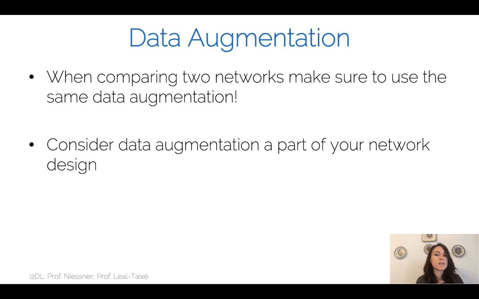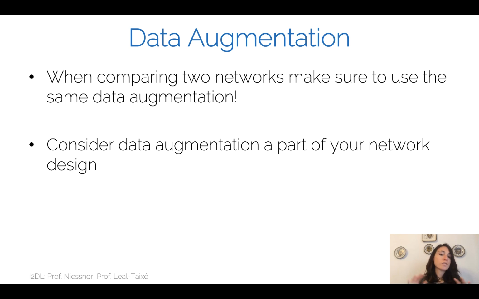And this means that your two networks are not going to receive the same data augmented images. So therefore, they're going to be trained essentially with two different sets of images. So if you actually want to compare two networks and know which one is best, make sure to use the same data augmentation for both.